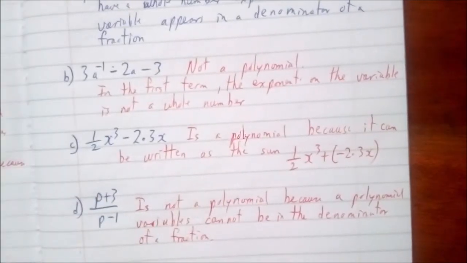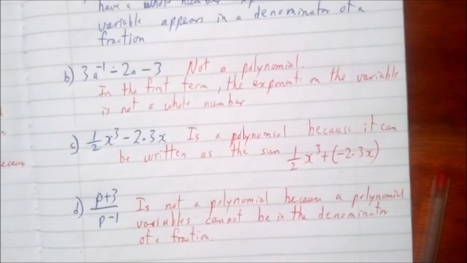So we have it here, so that cannot be a polynomial. All right, so that is how we can classify polynomials, if it's a polynomial or not a polynomial.